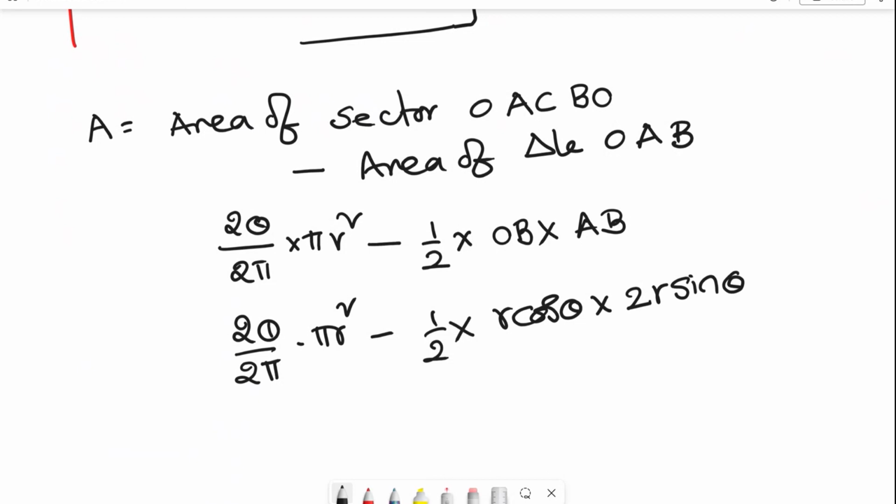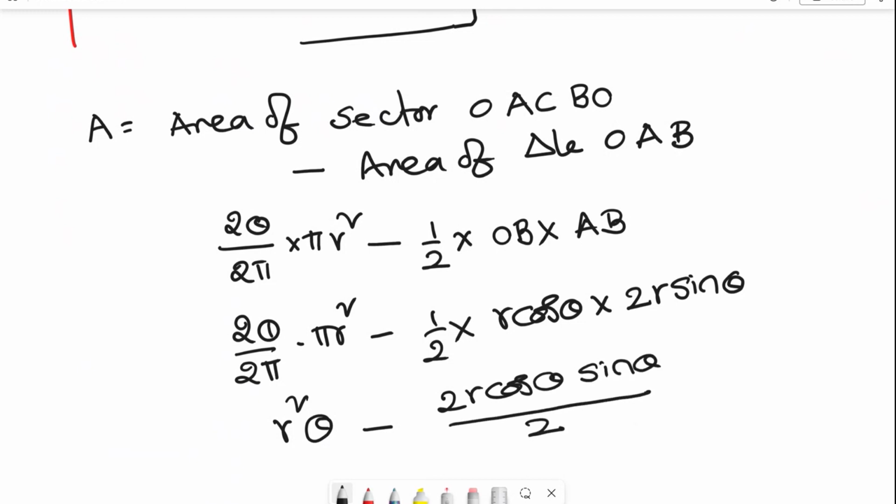So if that is the case, naturally pi will cancel, 2 will cancel. So this is nothing but r square theta minus 2r cos theta sin theta divided by 2.